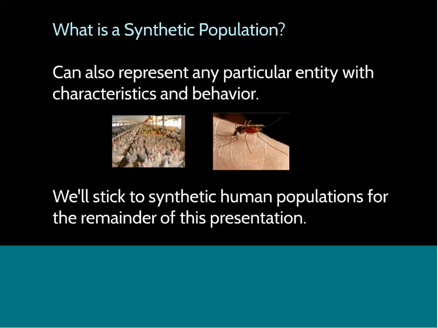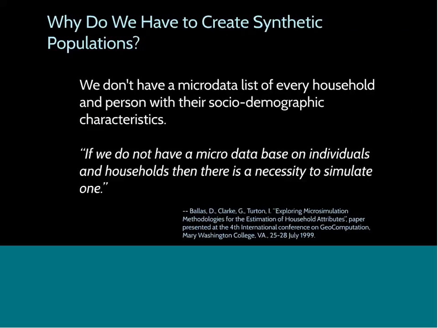Malaria has been modeled in this way, where actually even every particular mosquito has been represented in the data set. So you can do a lot of different synthetic populations representing different things, but we'll stick to humans for the rest of this session here.